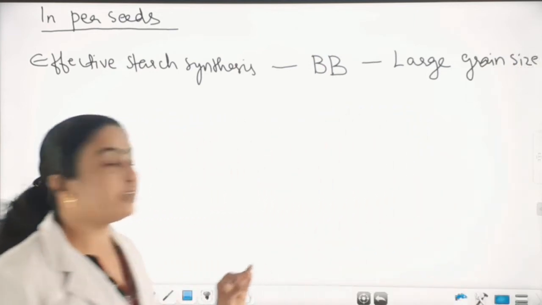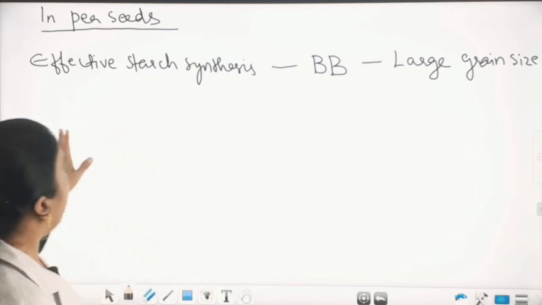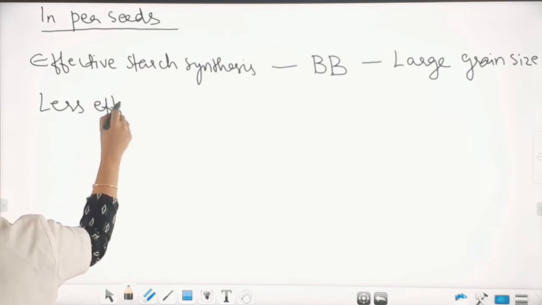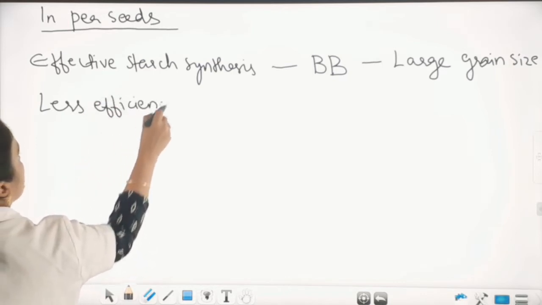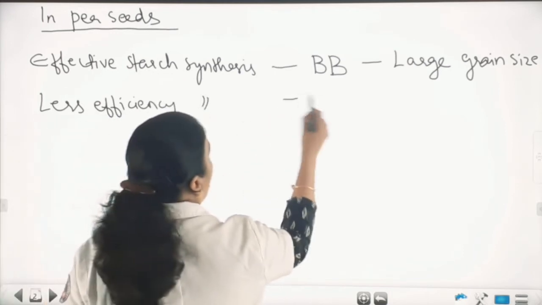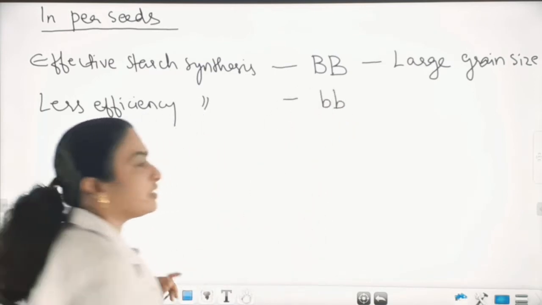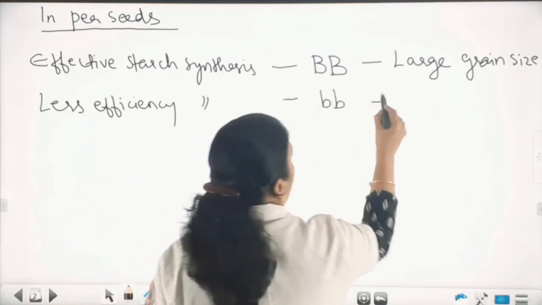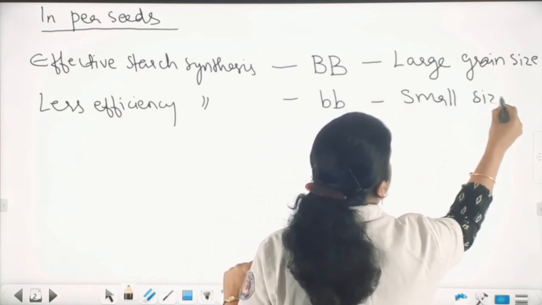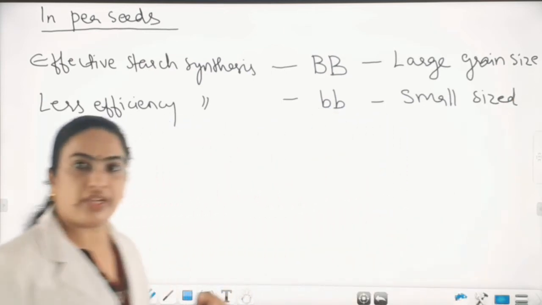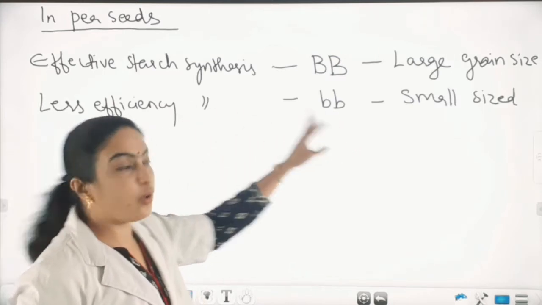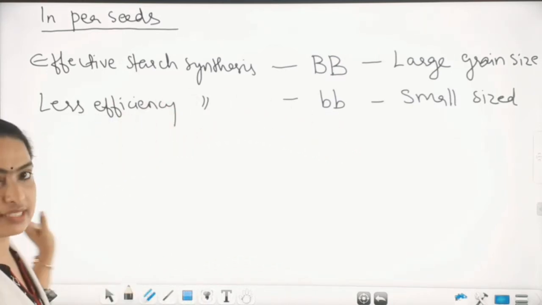Large starch grain size. And less efficiency in starch synthesis is shown by small b, that is also a homozygote. So the starch grain size is small. The grain size is small because this gene shows only less efficiency in starch synthesis.